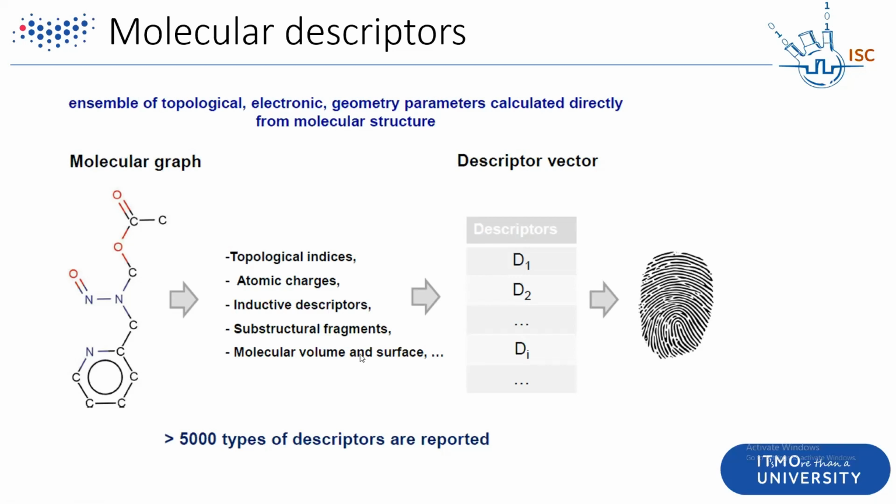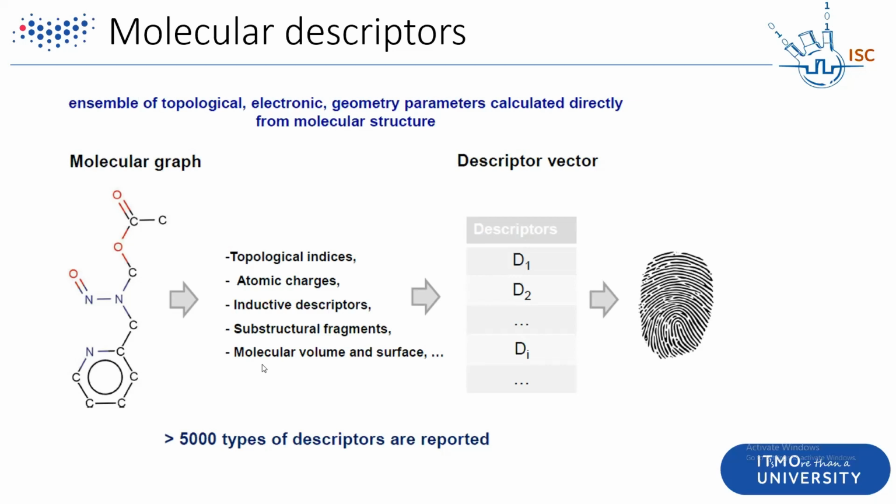Also, the molecular volume. This is a very important descriptor. If you know that this particular molecule occupies the specific binding site, you might want to try to match the molecular volume of the molecule, of the ligand, and the molecular volume of the binding site. The charges are also important.